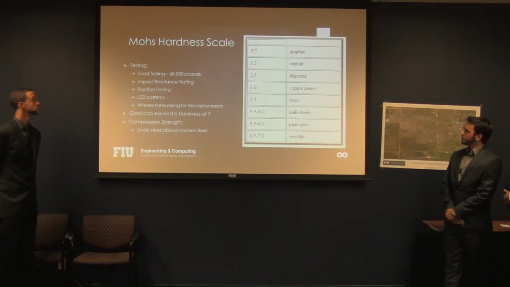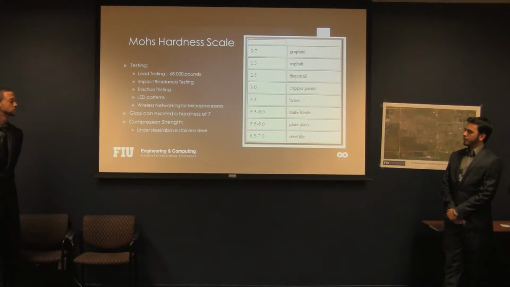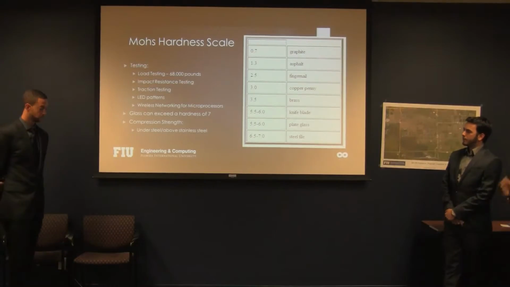So let's talk a little bit about the hardness. Here you can see the hardness of asphalt is 1.3, and the hardness of steel is between 6.5 and 7. The hardness of regular plate glass is between 5 and 6. But actually, the hardness of hardened glass can go up to 7 or more than 7. So we can consider hardened, tempered glass to be stronger than steel.